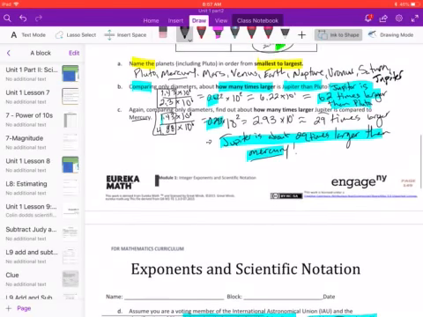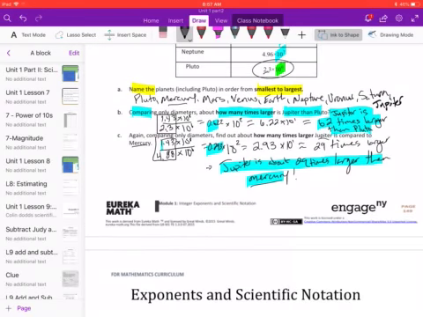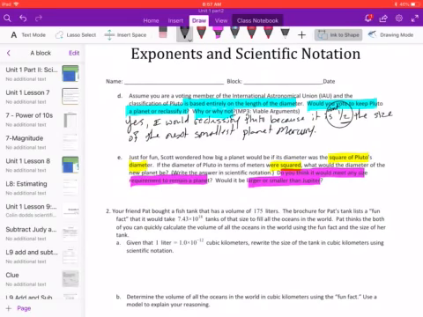First thing I want to do is square Pluto's diameter. So I have 2.3 times 10 to the 6th, squared. Remember, when you raise anything to a power, you distribute it to everything inside.